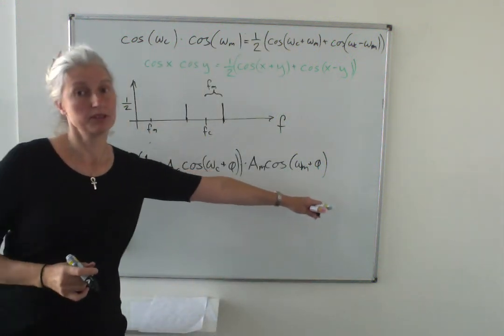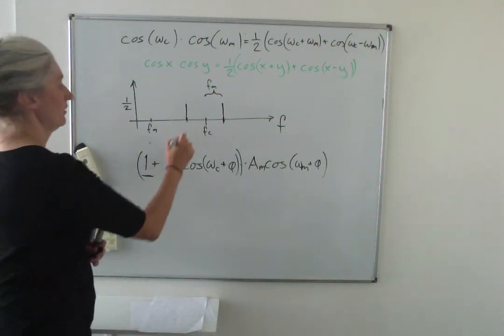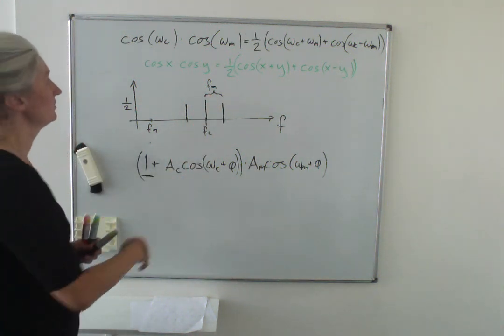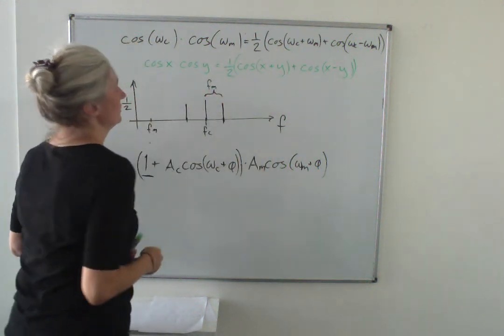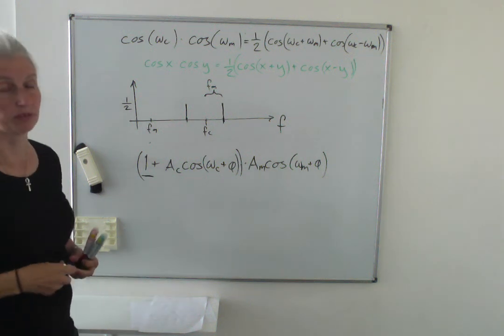This is the amplitude modulation with the carrier present. Then the carrier will show up in the spectrum. Otherwise, as in this case, it's called ring modulation, and the carrier will disappear from the resulting signal.